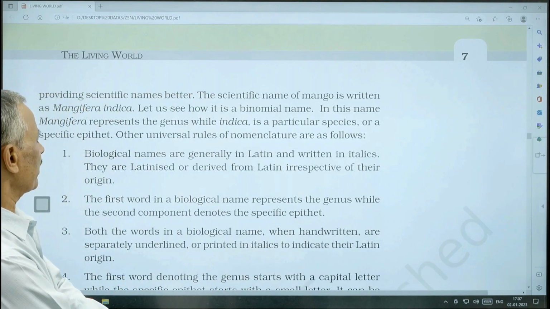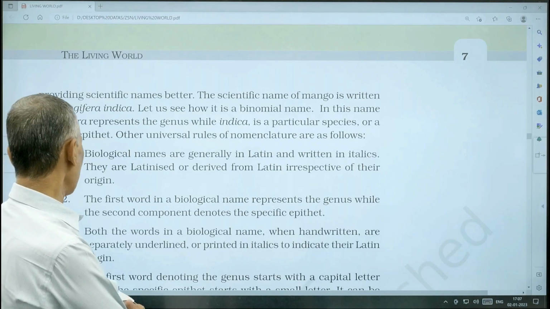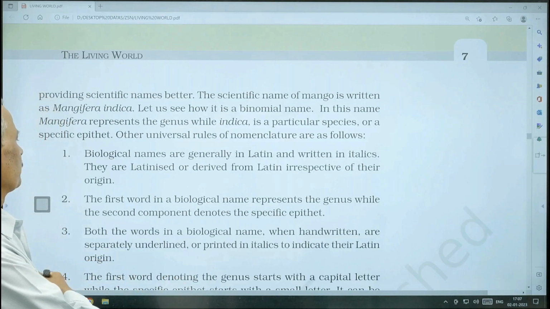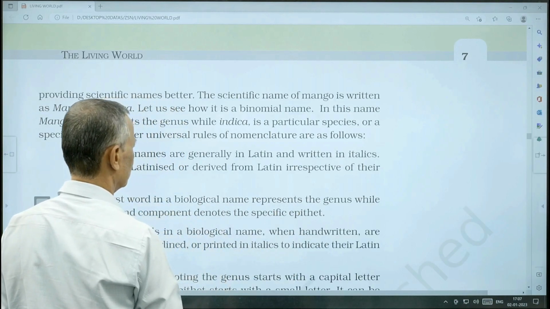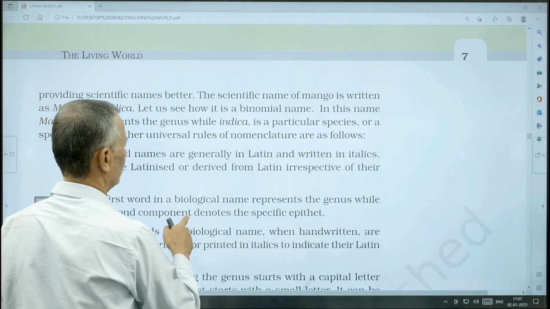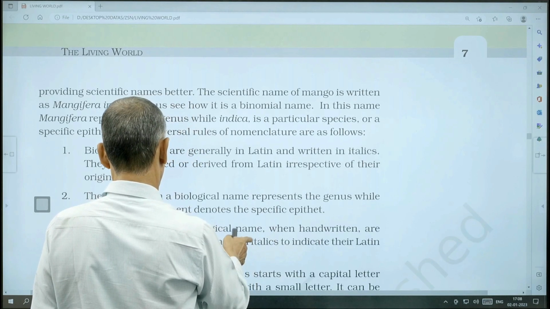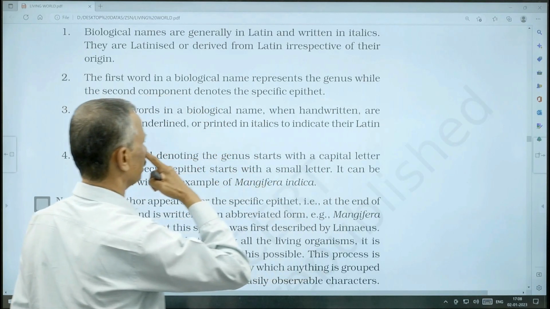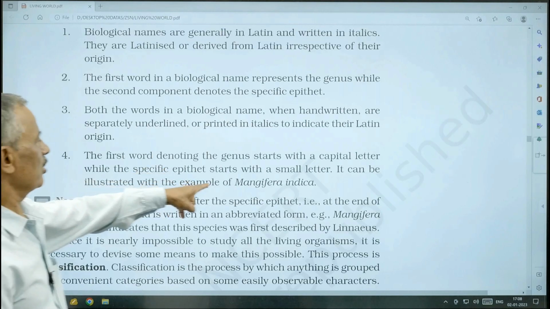So if they are printed, they will be printed in italics, and if they are handwritten, they are underlined by two separate lines. So the first word is the generic name, representing the name of the genus. Second is the name which is indicating its specific epithet. The first word denoting the genus always starts with a capital letter, while the specific epithet starts with a small letter.